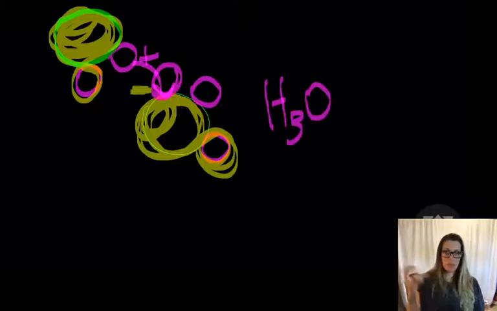And what does that do? That makes this more positive. And this happens. And that becomes so positive and that becomes so negative that this hydrogen actually comes over here and makes a molecule that's H3O. This happens all the time.